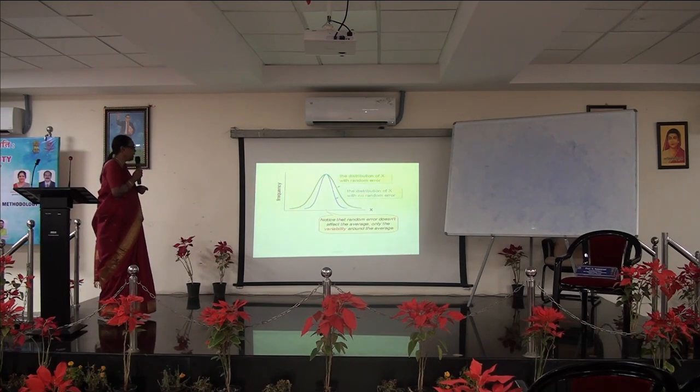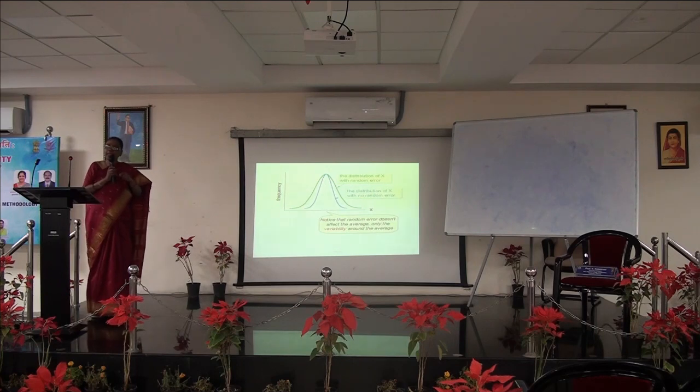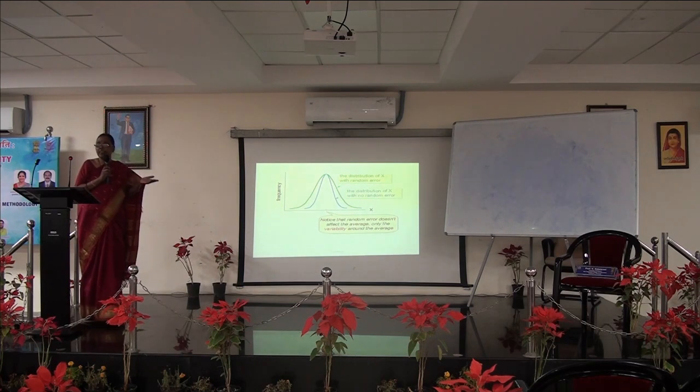Notice that random error does not affect the average, only the variability around the average. Systematic error is more difficult and dangerous than random error. I don't say one is better, but random error can be corrected, while systematic error is more difficult. It affects the results itself.